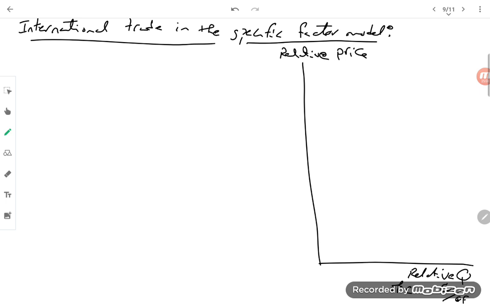The same with respect to price: it's not a price, it's the relative price. Now let's assume that this is the world relative demand, and this is the relative supply.